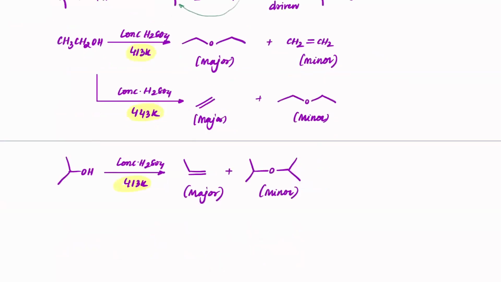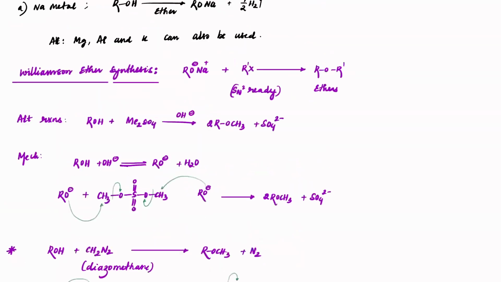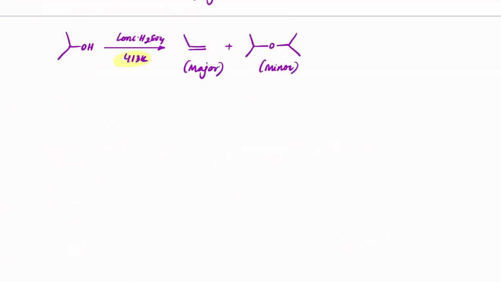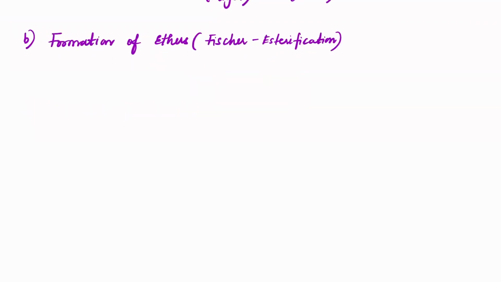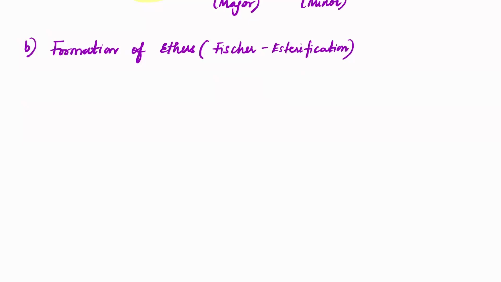Now, the second important reaction in this case, the B part here, is about formation of esters. This is an important area in NCERT also from this topic, which is Fischer esterification. Let's see what a Fischer esterification is.